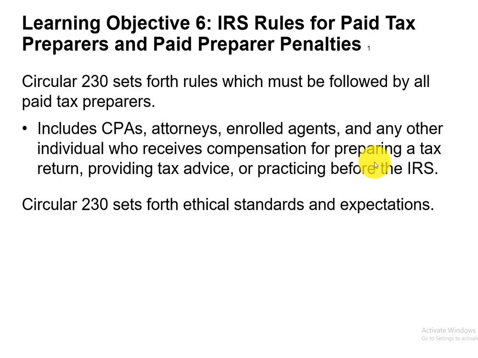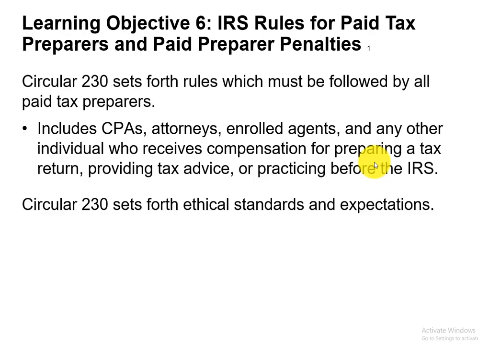Now, our last topic here is Circular 230, and this is kind of the rules the IRS has put out. Okay, and it's going to be what we do our research in for this first week.